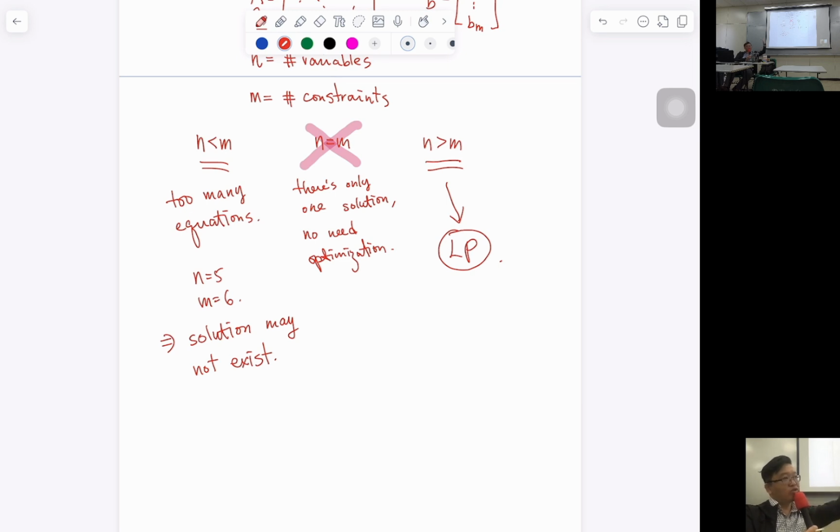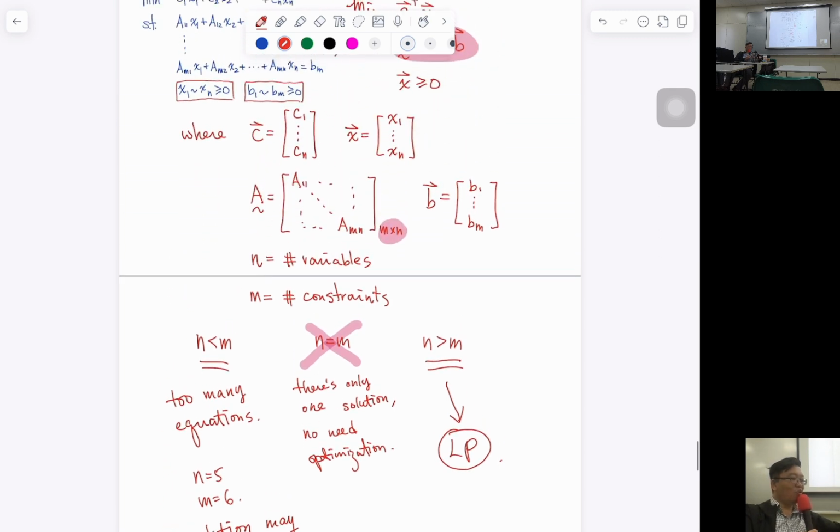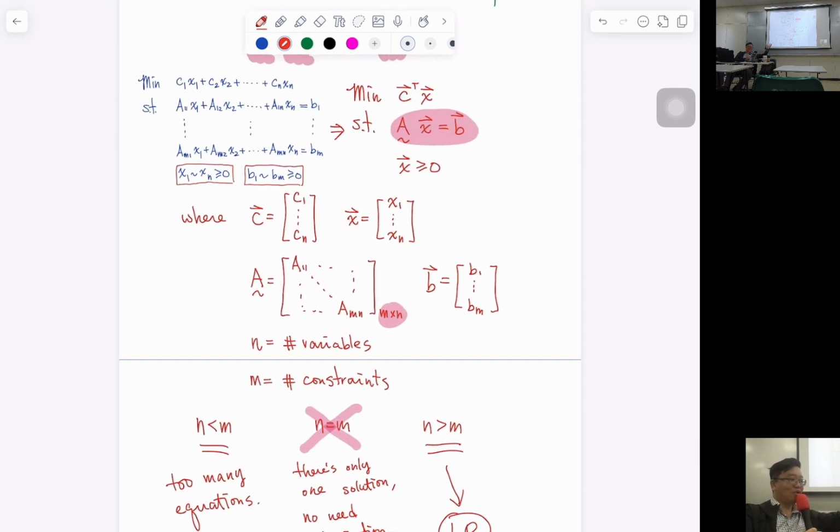When we have fewer equations than the number of variables, then we have a lot of solutions. There are so many possible solutions, but maybe only one is the optimal. Among all these possible solutions, we are trying to find one that's going to minimize the objective function.